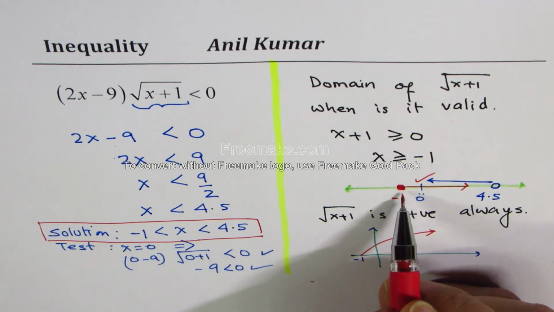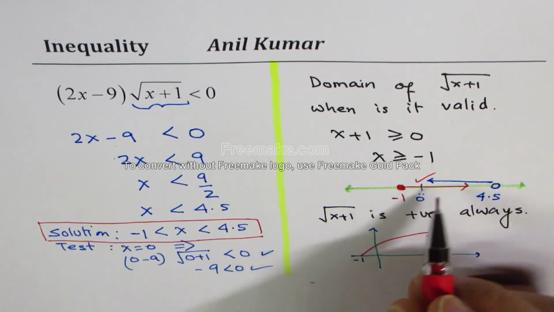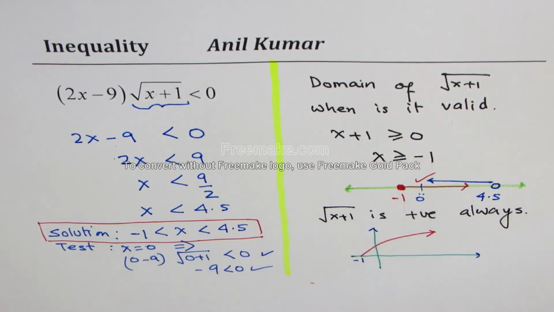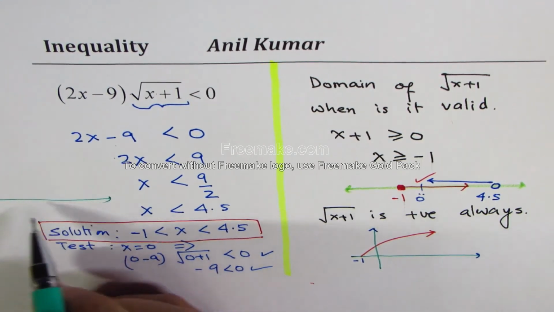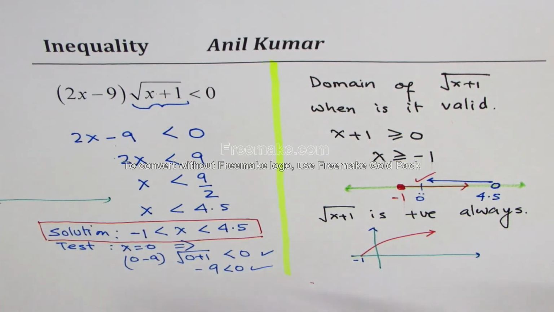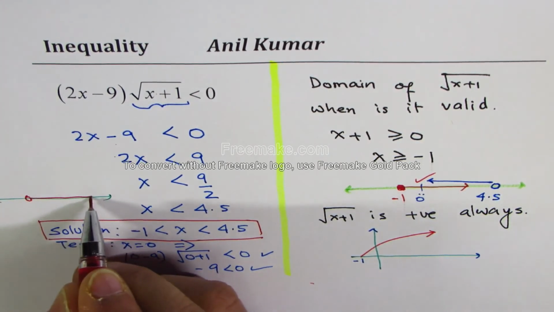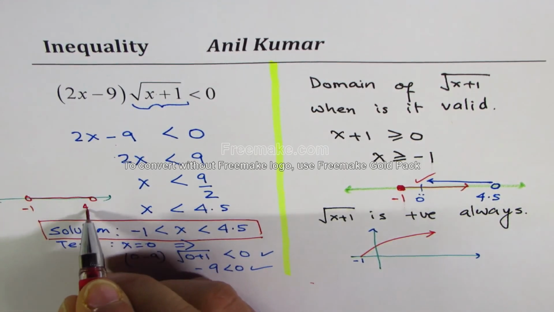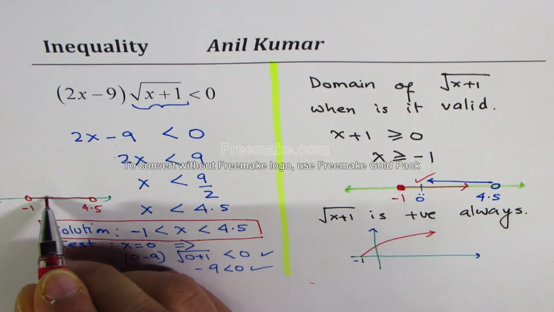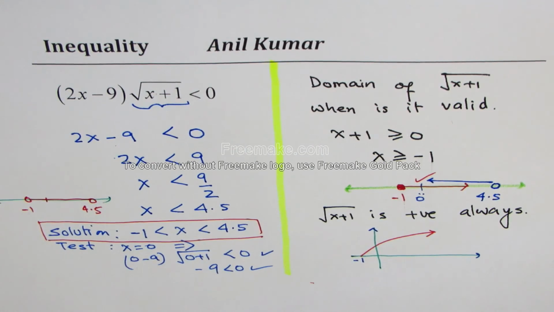This could also be represented on a number line, which should be between minus 1 and 4.5. That is how you represent the solution. As an inequality, you can write it like this.